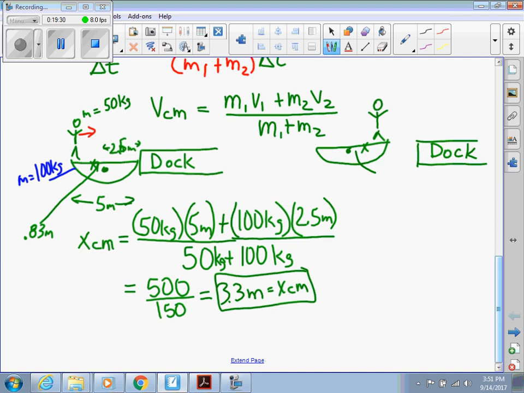This would still be about 0.83 meters away from the center of mass of the boat, so that would all be the same. We'll go ahead and stop there and continue next time.